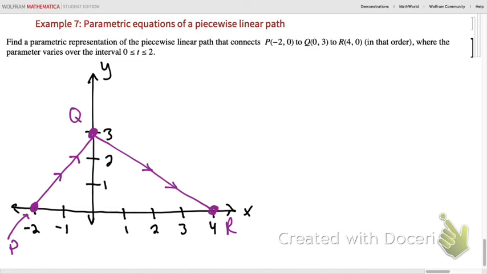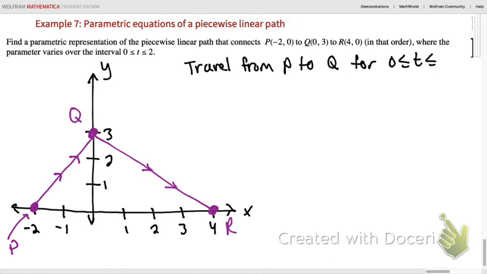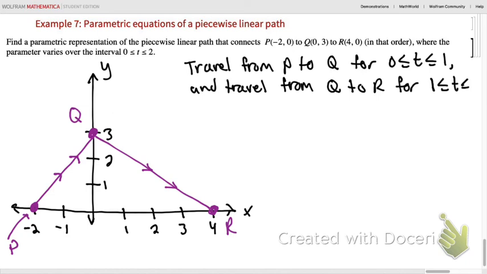So what we're going to do is travel from P to Q for t between 0 and 1, and travel from Q to R for the interval 1 to 2.